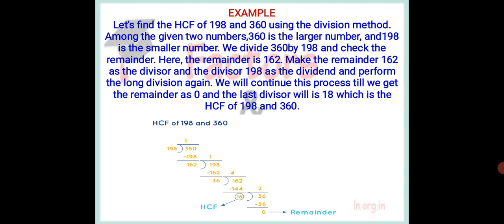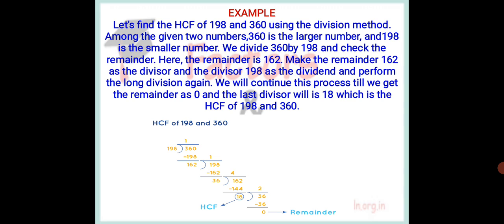Next step, make the remainder the divisor and the divisor the dividend. That means interchange the places. Make the remainder 162 the divisor and the divisor 198 the dividend, and perform the long division again.